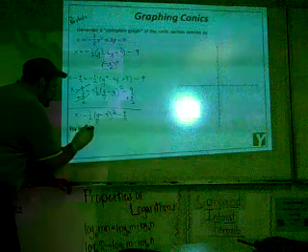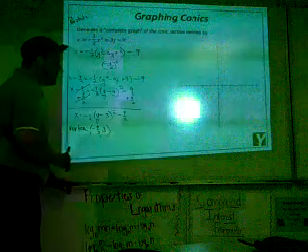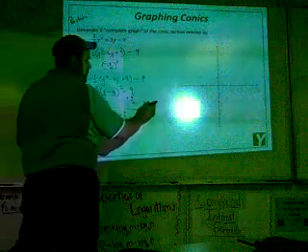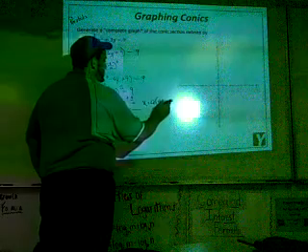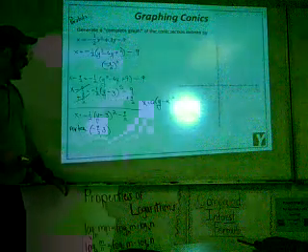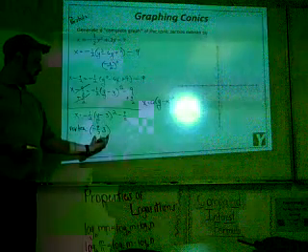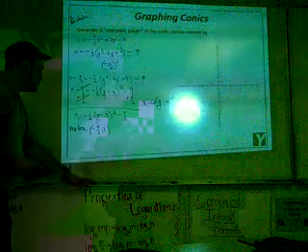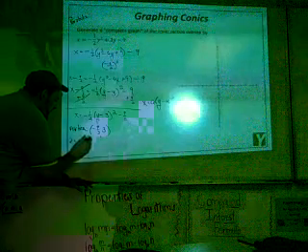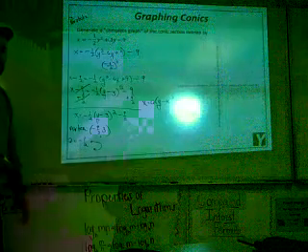The vertex for this one is located at negative 9 over 2, 3. Remember, standard form for an x equals parabola is x equals a(y minus k) squared plus h. That's the h. That's the k. That's why my vertex is at negative 9 over 2, 3. The a is equal to negative 1/2, so I expect it's going to open that way.